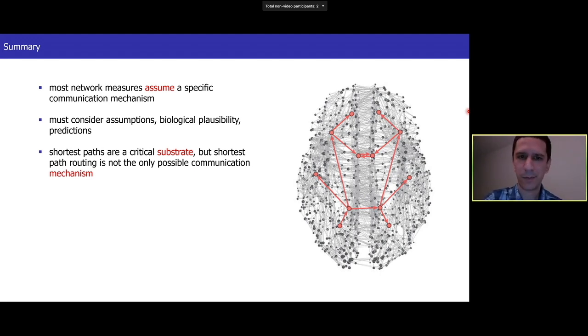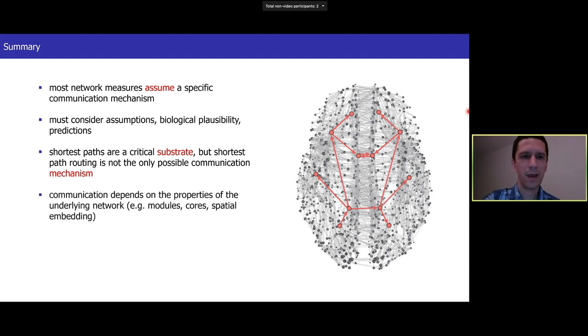They're a property of any network. But shortest path routing is not the only possible communication mechanism, despite the fact that it's the default measure of many graph theoretic measures. And we can think of a myriad of other very interesting mechanisms that could play out on these networks that we're getting from brain imaging.